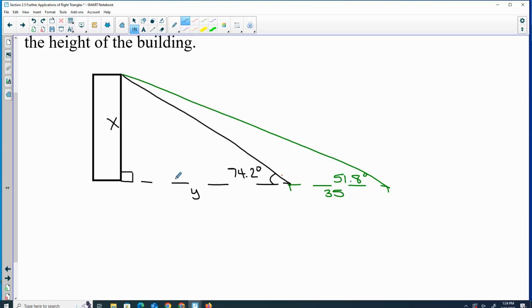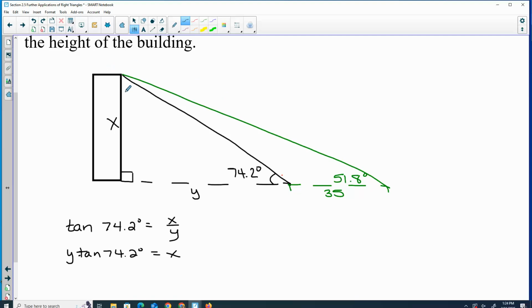So what trig function involves opposite and adjacent? We could say the tangent of 74.2 degrees equals x over y. We're trying to find x, so if we multiply y over, but we're kind of stuck. That doesn't help us finish it.